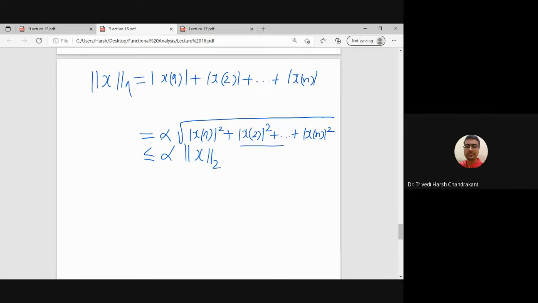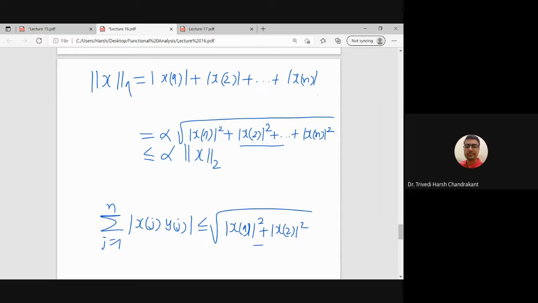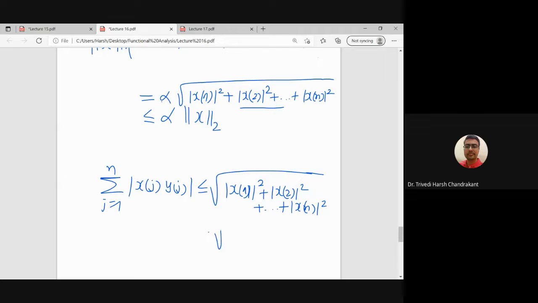So there we will need some inequality. If you recall, we have the inequality that the sum of modulus of xj yj, the Cauchy-Schwarz inequality, is less than or equal to the square root of x1 square plus x2 square up to xn square, times the square root of y1 square plus y2 square up to yn square.